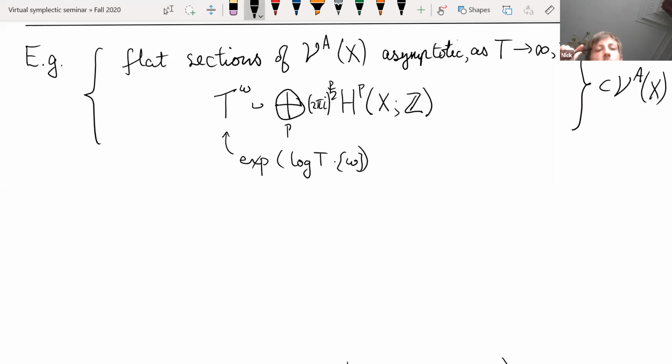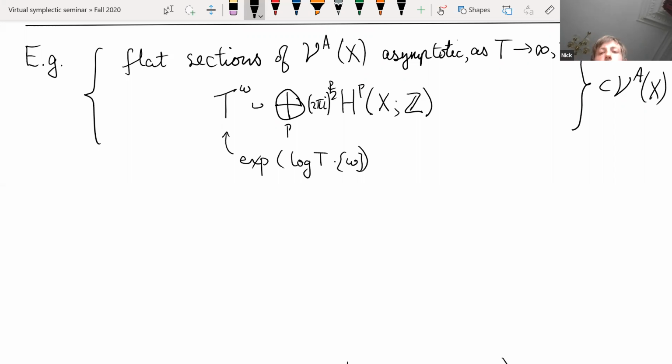And if we cup with this, then if you look at the connection matrix of the Dubrovin-Givental connection, you can see that flat sections have to have this kind of asymptotic behavior as t goes to infinity.